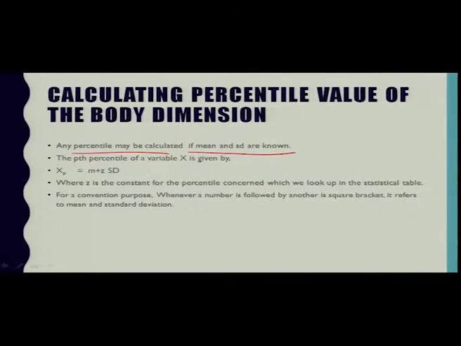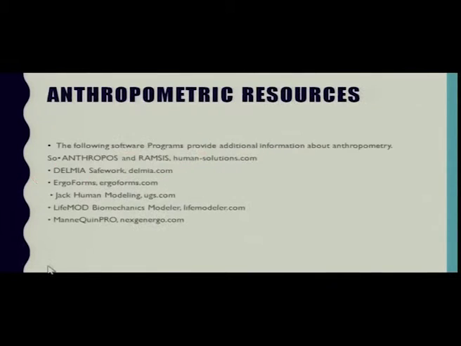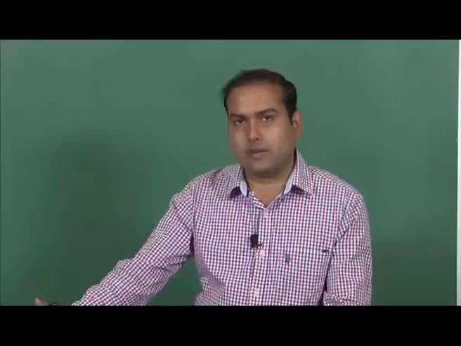The pth percentile value can be determined by m plus z times sd, where m is the mean, sd is the standard deviation, and z is the z score, which is found out with the help of a normal distribution curve.